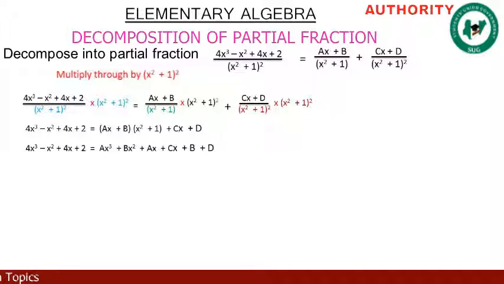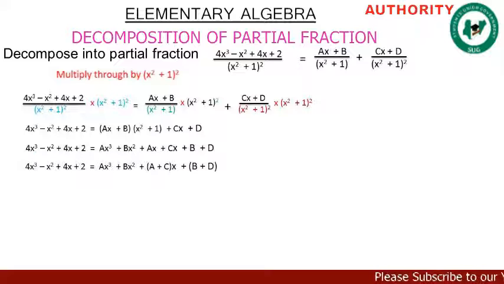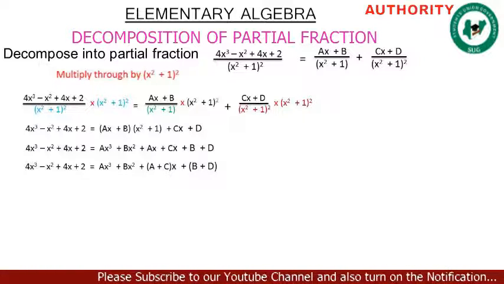Then we're going to arrange this based on their degrees. So we have 4x cubed minus x squared plus 4x plus 2 equal to ax cubed plus bx squared plus ax plus cx plus b plus d.